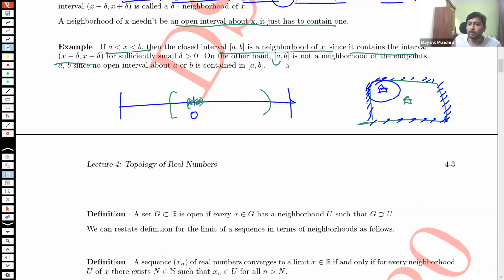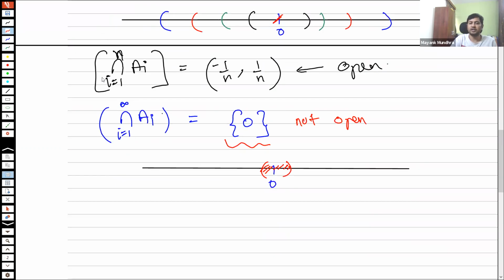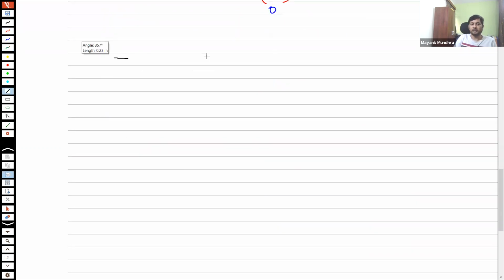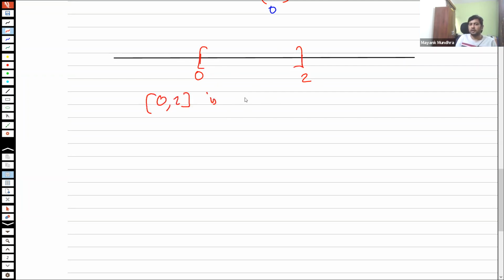But closed interval A to B is not a neighborhood of endpoints A and B. So if you construct a closed interval A to B, let's say A is 0 and B is 2, this set closed 0 to 2 is a neighborhood for all X belonging to 0 to 2.